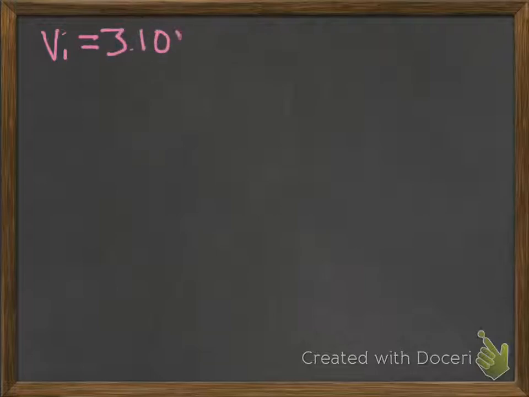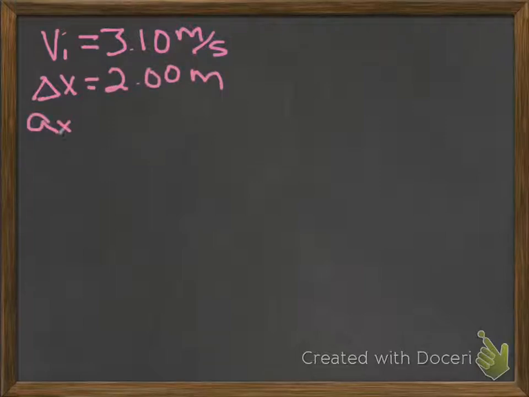Vi is 3.10 meters per second. We know that our delta x is equal to 2.00 meters. We know that a in the x direction is 0, and we know we have a theta of 32 degrees.